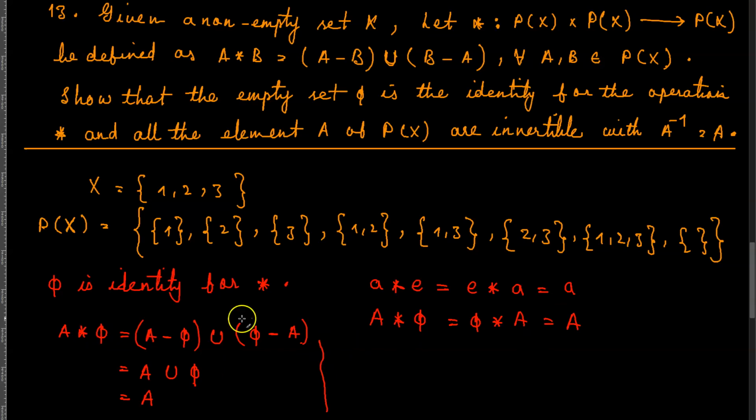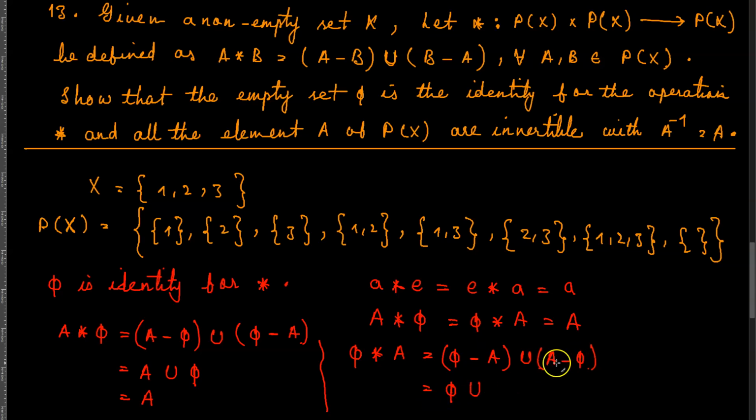On the other hand, we also have to calculate phi star A. Based on this, we have phi minus A, and we take the union of that with A minus phi. Again, whatever you subtract from the null set, you end up with the null set.